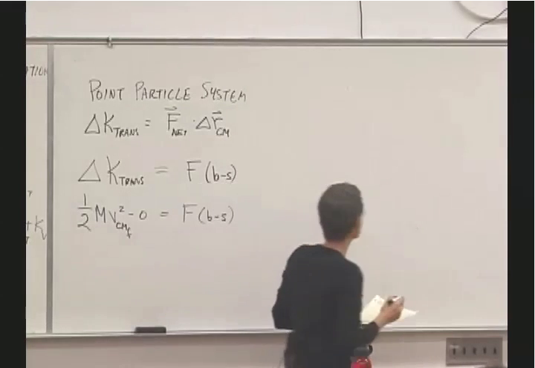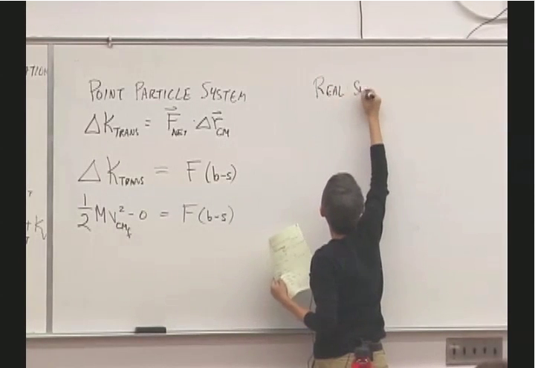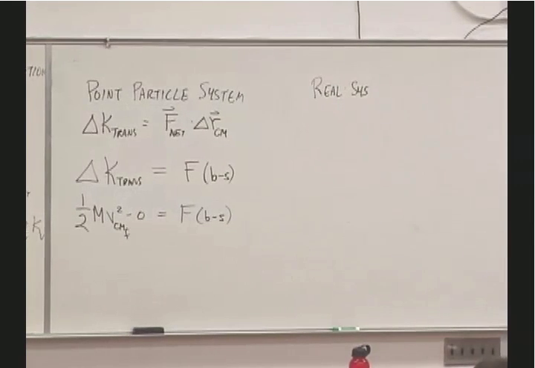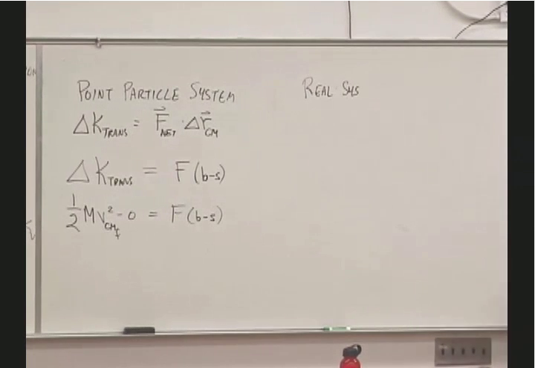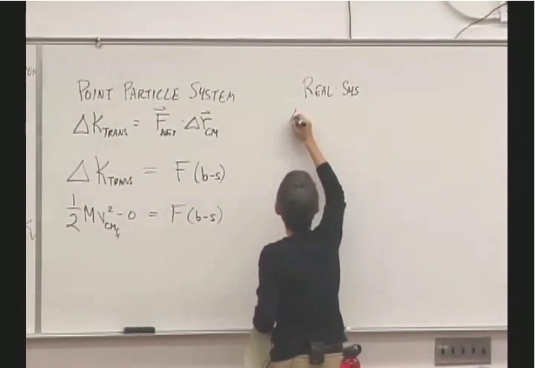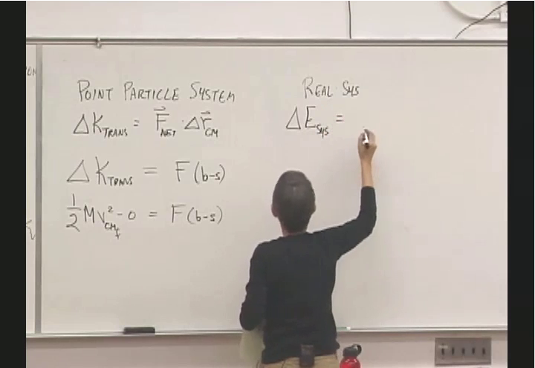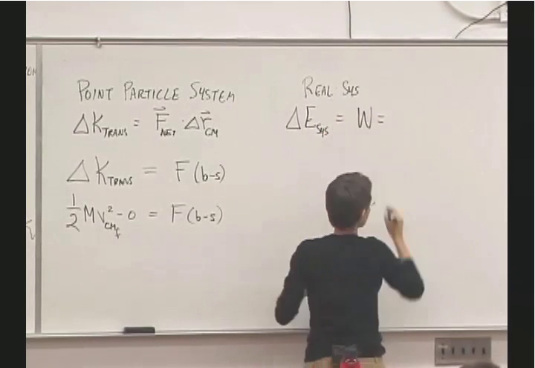Now the real system is a lot more complicated, because the spring stretches and then there's some energy that's going to get dissipated as thermal energy. So for the real system, the change in energy of the system is the work done by forces in the surroundings.